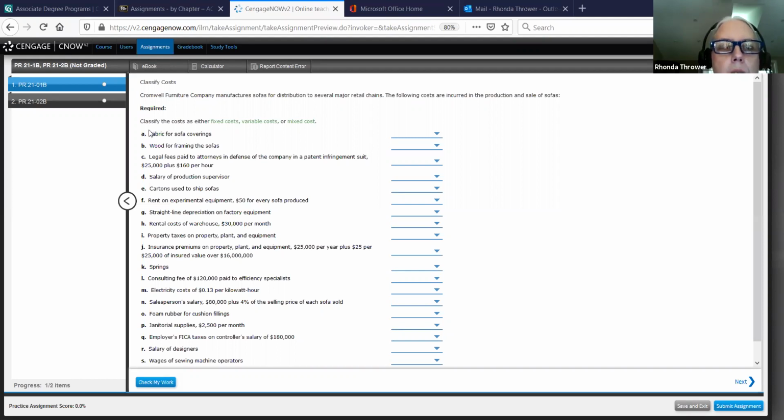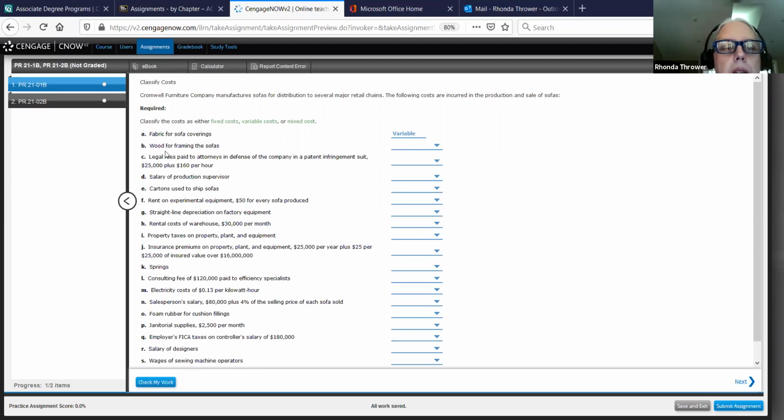This is an example of a material, and it would probably be a direct material, and a direct material would be classified as a variable cost because the total of the cost of the fabric will depend on how many units you manufactured of sofas. So this is a variable cost.